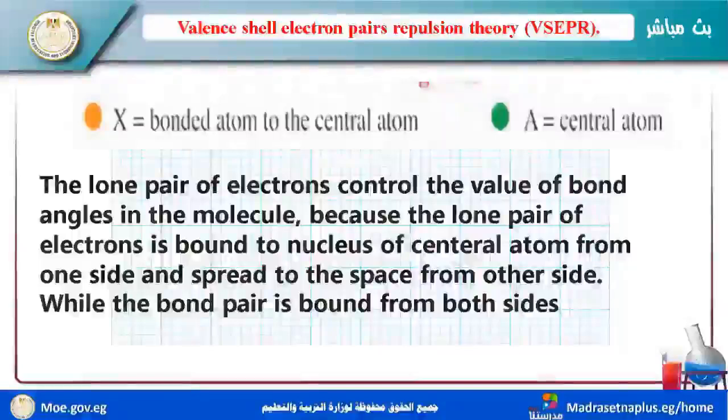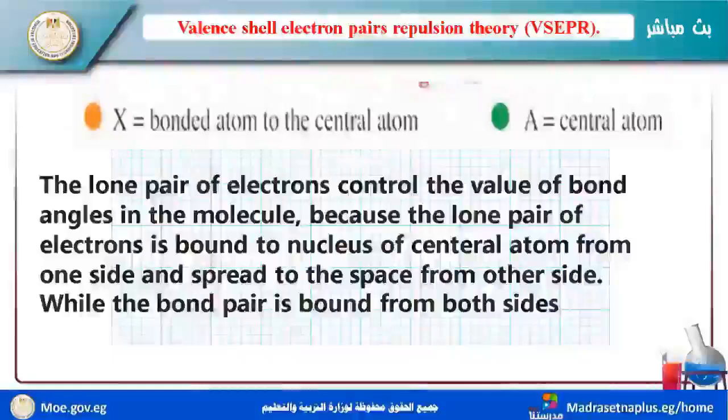The lone pair of electrons controls the values of bond angles in molecules because the lone pair is bound to the nucleus of the central atom from one side and spreads into space on the other side.